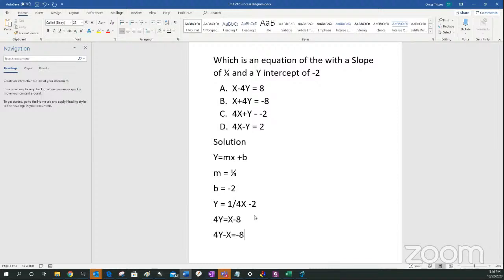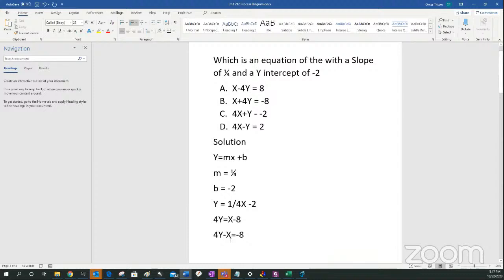Do we even have that? I don't see this with 4y, so it has to be one of these two, but something is wrong with the sign.